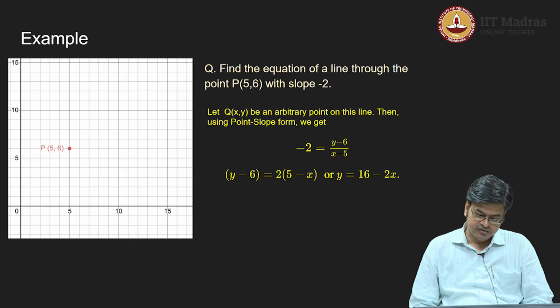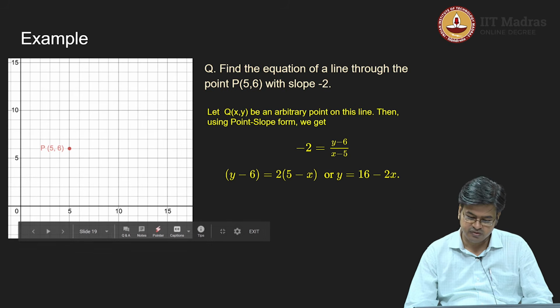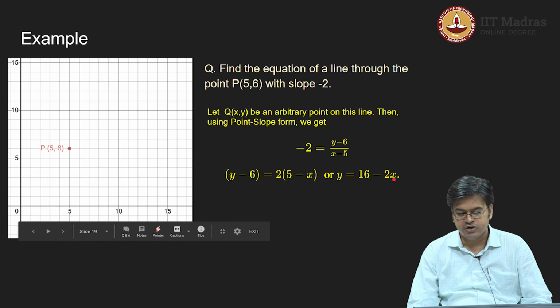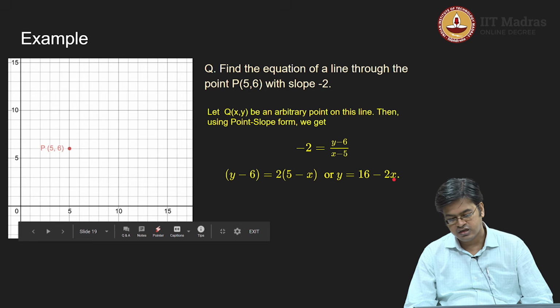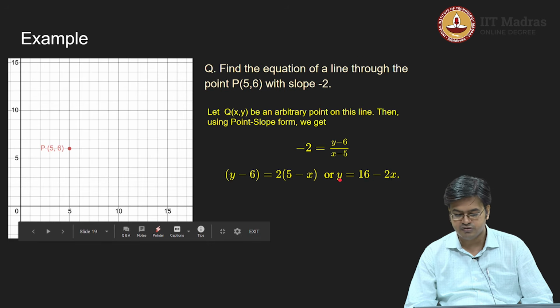Now let us try to see, for this value of x, what value of y will satisfy this equation. Let us put x is equal to 3 here. If I put x is equal to 3 here, then after simplifying this, I get y is equal to 10.